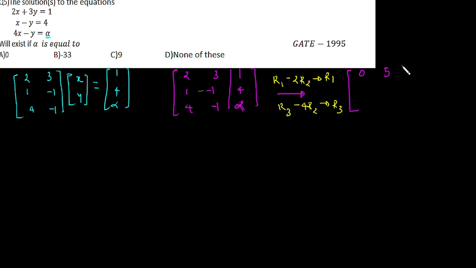Now here we have minus 8 plus 1 already there, so we get minus 7. The second row remains as it is. Now in the last row again we get 0 here. Here we have plus 4 minus 1, so we got minus 3. Now here we have to multiply with minus 4, so we got alpha minus 16.